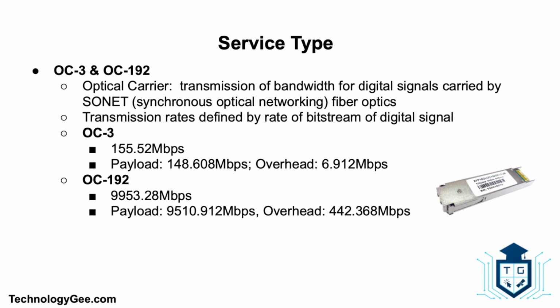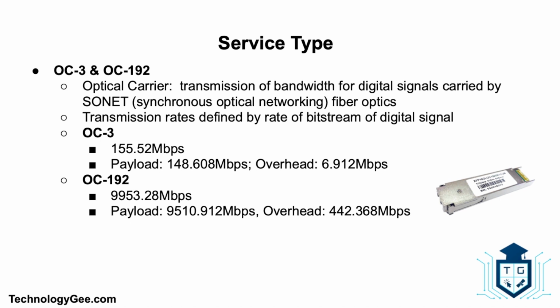Transmission rates are defined by the rate of the bit stream of the digital signal and are designated by a hyphenation of the acronym OC and an integer value of the multiple of the basic unit of rate, such as OC-3. OC-3 is a network line with transmission data rates of up to 155.52 megabits per second with a payload of 148 megabits per second and overhead of 6 megabits per second, including the path overhead, using fiber optics.